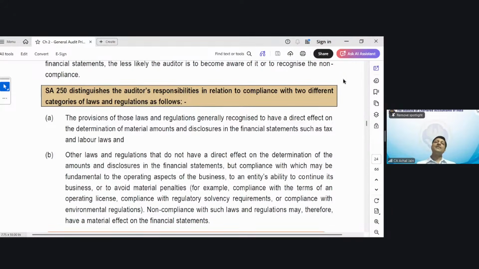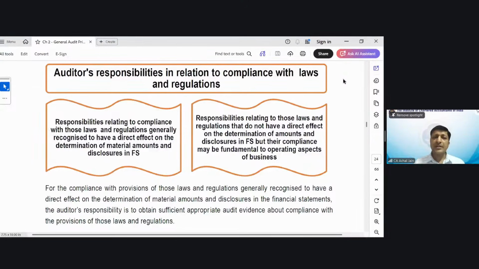So again, at the time of planning the procedures, the auditor will draft some of the laws and regulations which are applicable to the entity, impacting the financial statements, of course, and which will always impact in some way or other. So we can say this again is an important consideration.